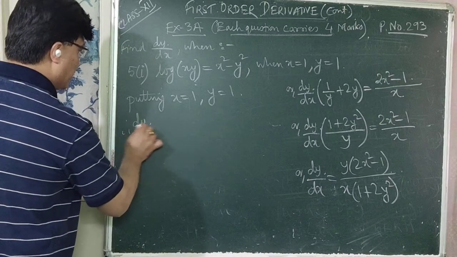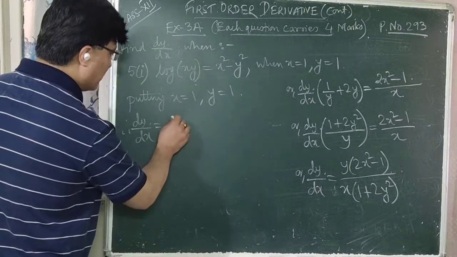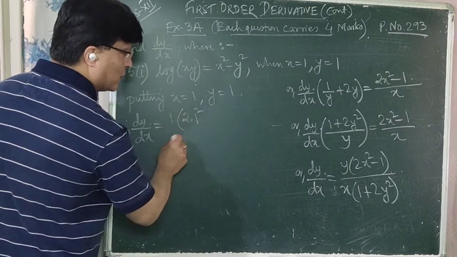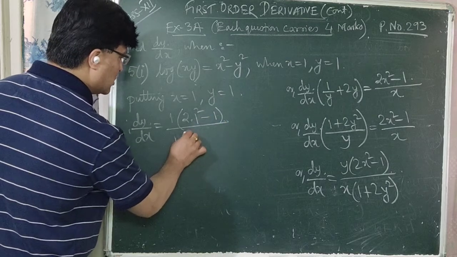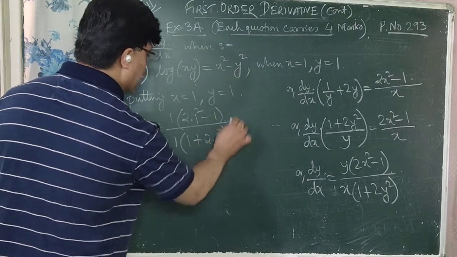So therefore dy by dx is equal to, now what is the value for y? It is 1 within bracket 2 into what is x square? 1 square minus 1, whole divided by x is 1 within bracket 1 plus 2 into 1 square.